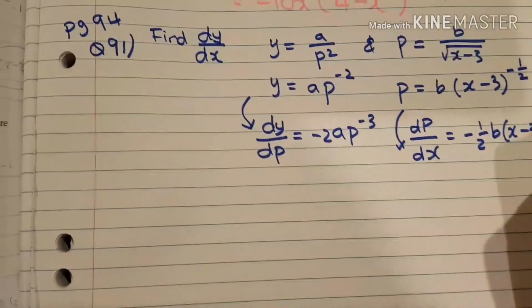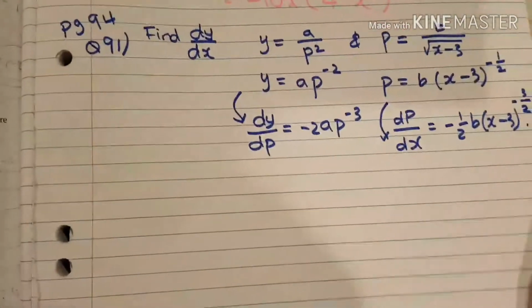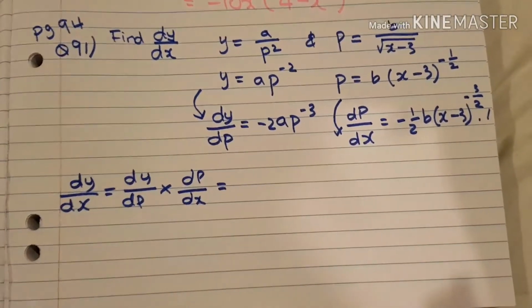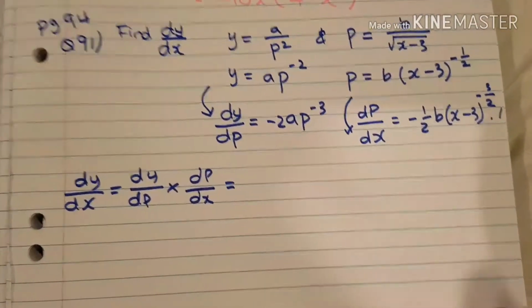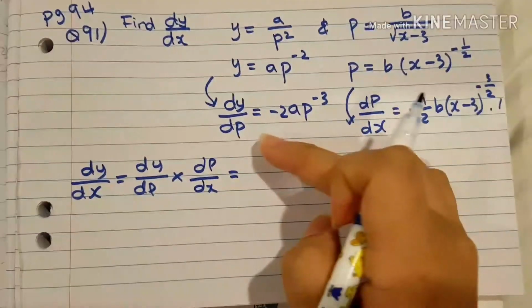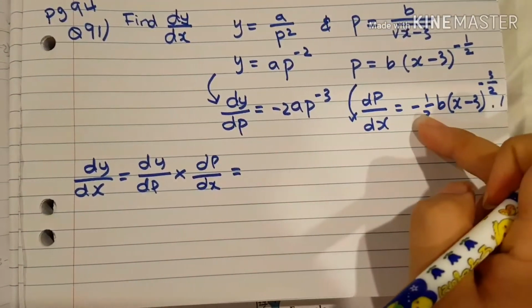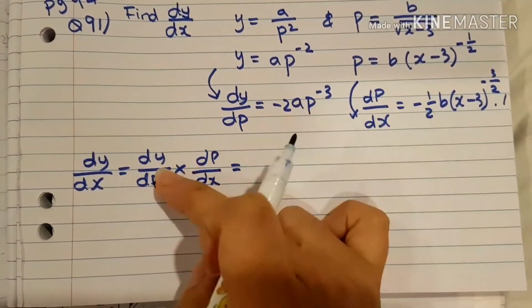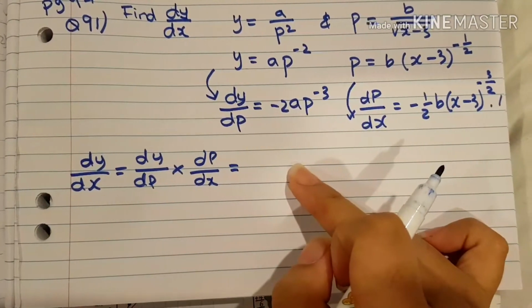So always put times 1, even though you don't really need it. Okay, so in order to find the derivative dy over dx, I know dy over dp, dp over dx, I can cancel it out, so I can just replace them like this.